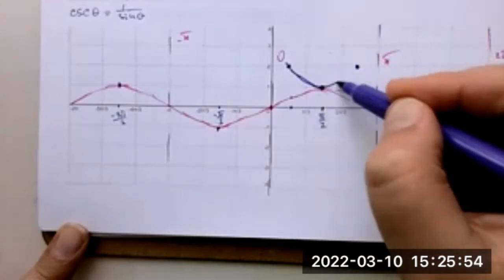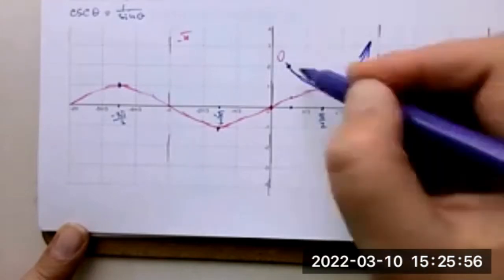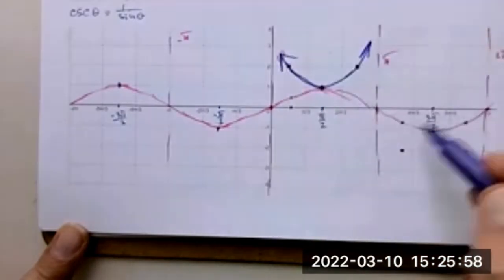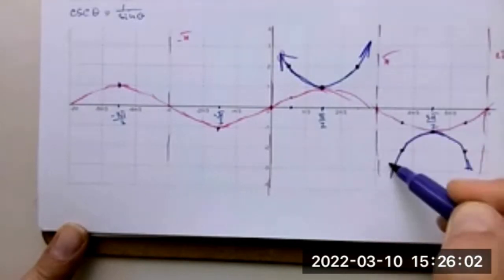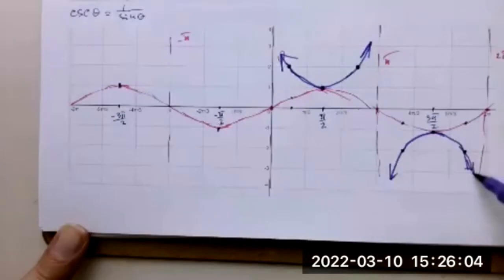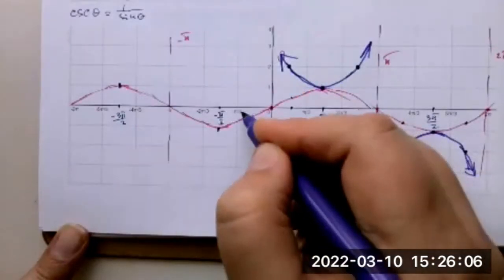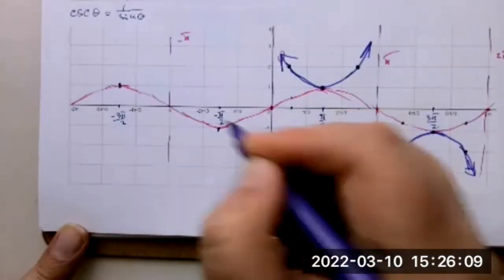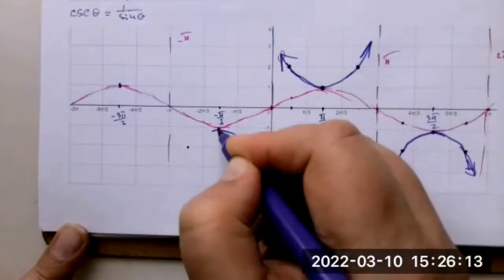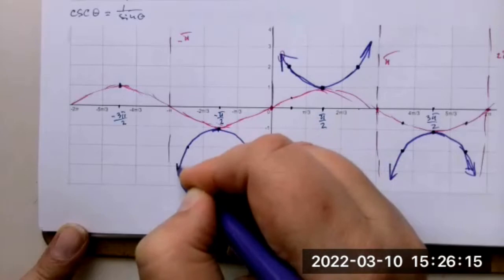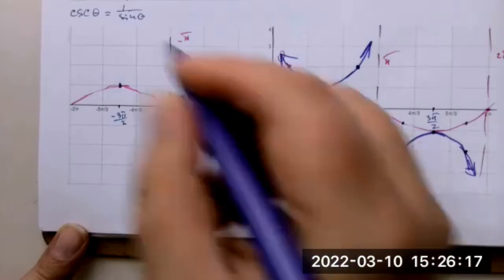Now let's connect those points, and we have a sketch of the cosecant graph. Right there, right there. All right. So here we are.